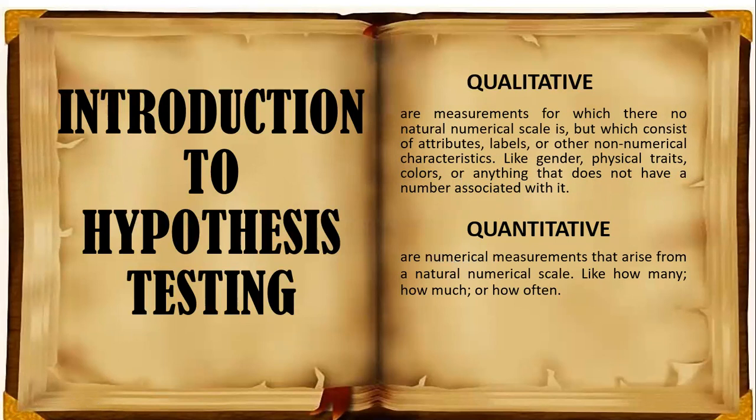Now, if we relate these two terms to research, they are called qualitative research and quantitative research. They have the same meaning, but there are points or factors that differ in the definition of qualitative and quantitative.